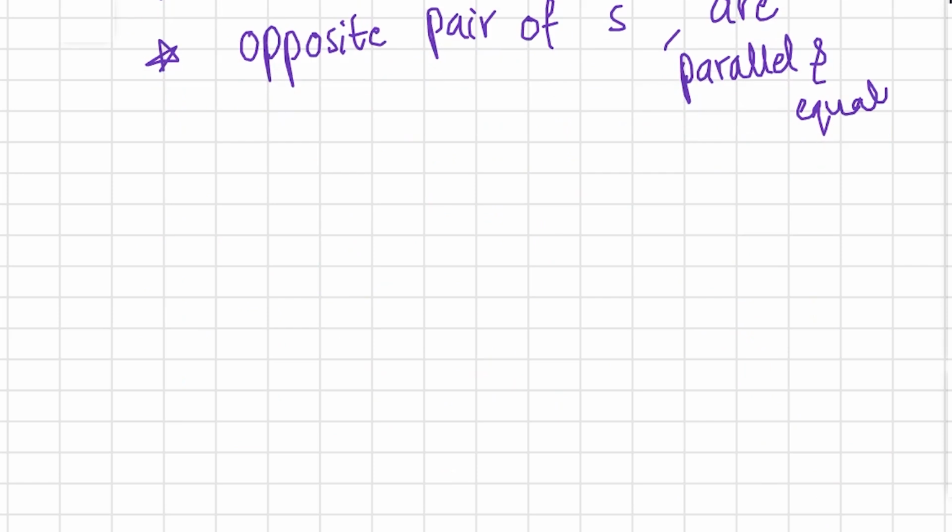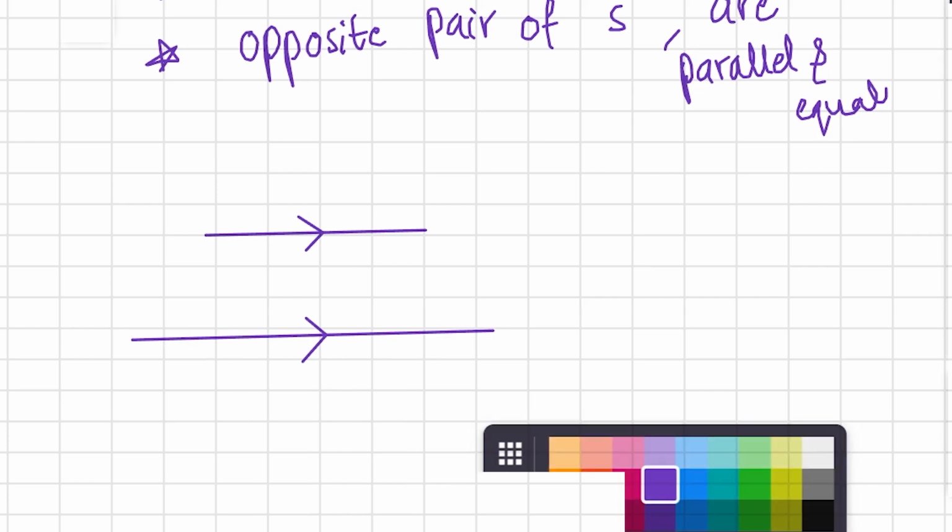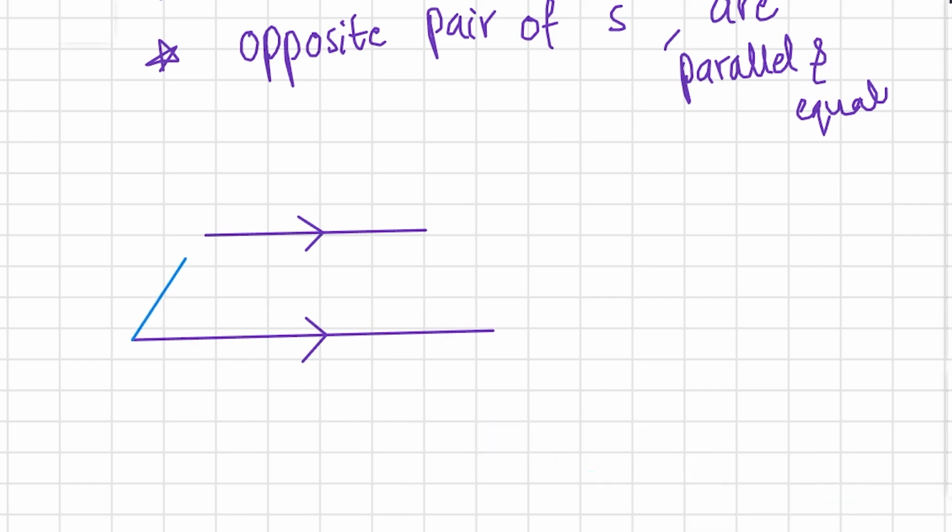See, by definition, you can guess. Isosceles trapezium. It is a trapezium. Trapezium means one pair of parallel sides, that's it. So if these sides are equal, the blue ones, then it becomes what type of trapezium?